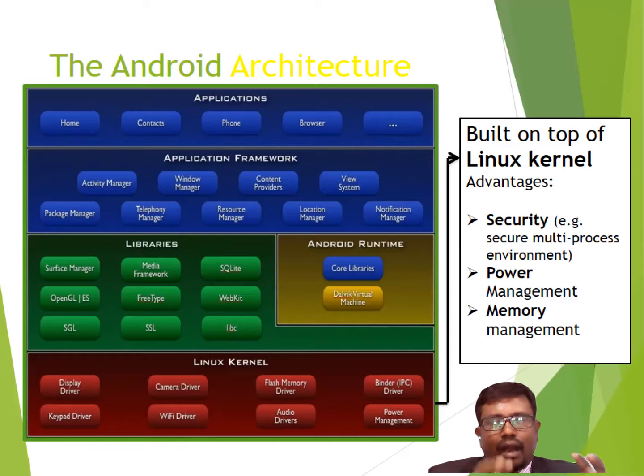If you take a mobile, it consists of a processor, a communication shield, and different types of sensors. Everything needs to operate in a single environment.